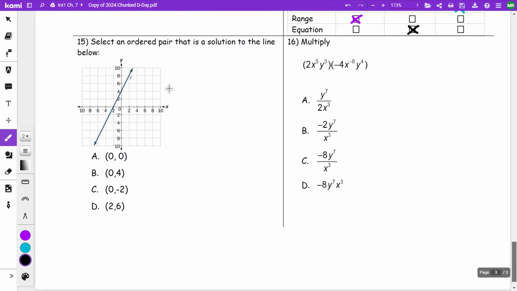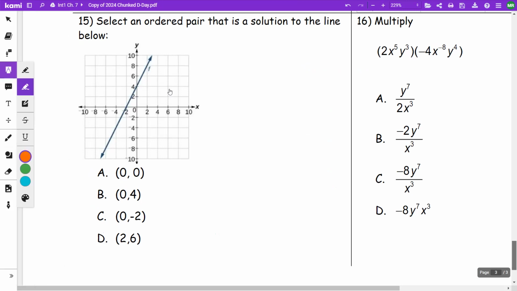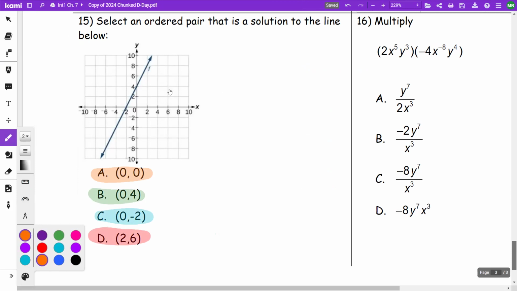On 15, we want an ordered pair that is a solution. So I'm just going to plot all of these. Let me just color code these so we see which one's which. My first one, 0, 0. No. My next one, 0, 4. And we've got to be careful the way they're scaling it, 2, 4.